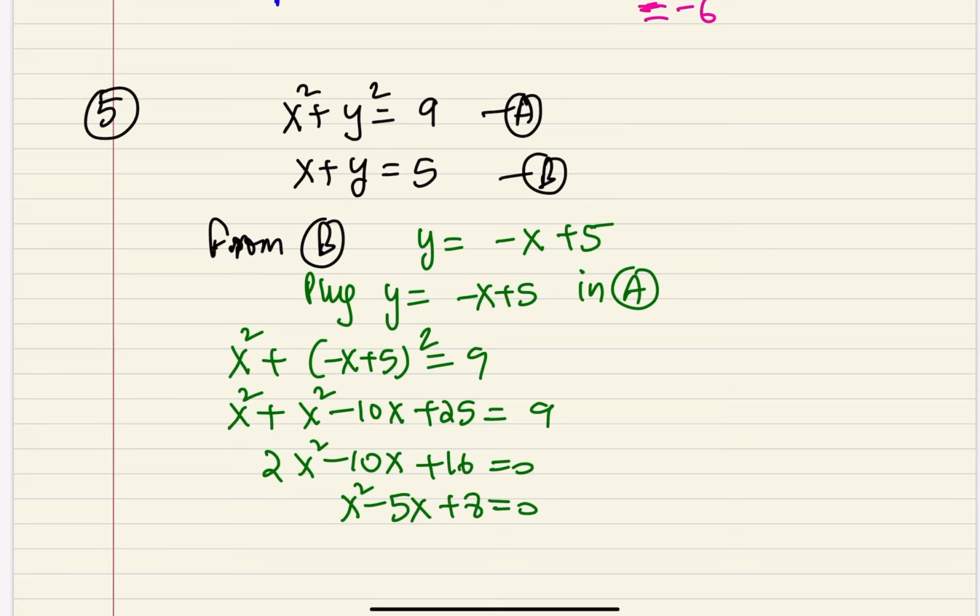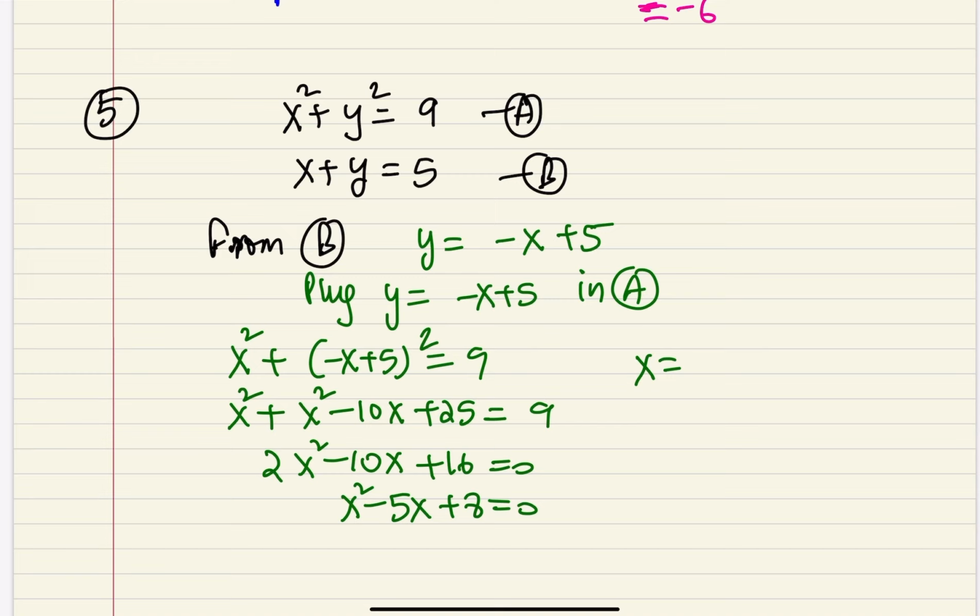And this equation is not factorable. So because it's not factorable, we're going to go ahead and try to use the quadratic formula to solve for the x value, because we could have a decimal value here. An irrational number could be the x value that we could have here.